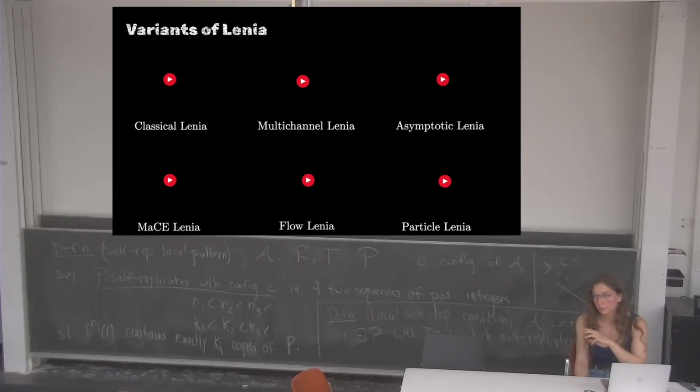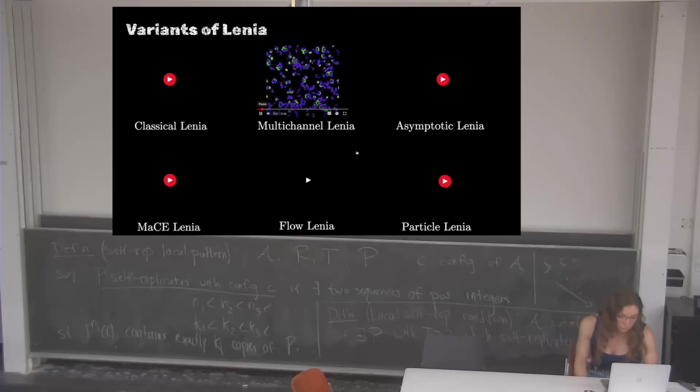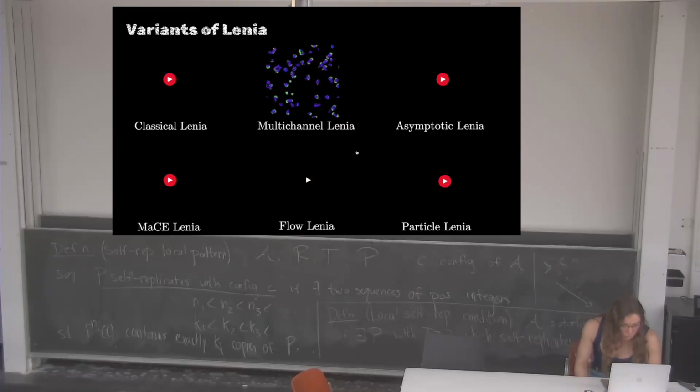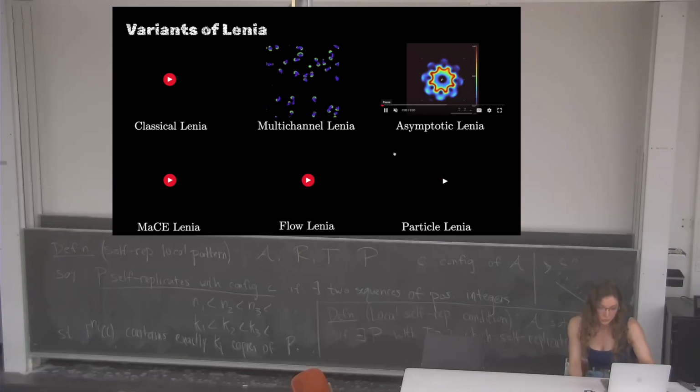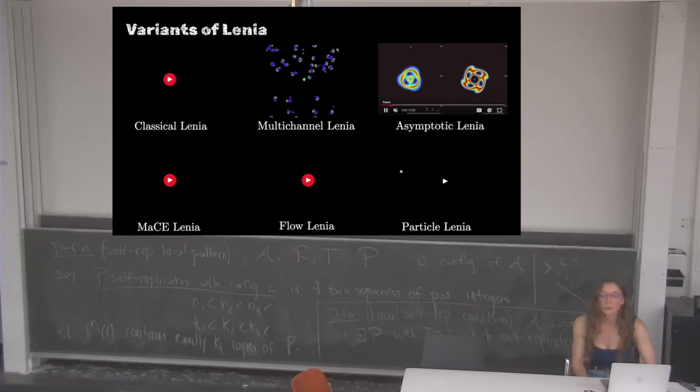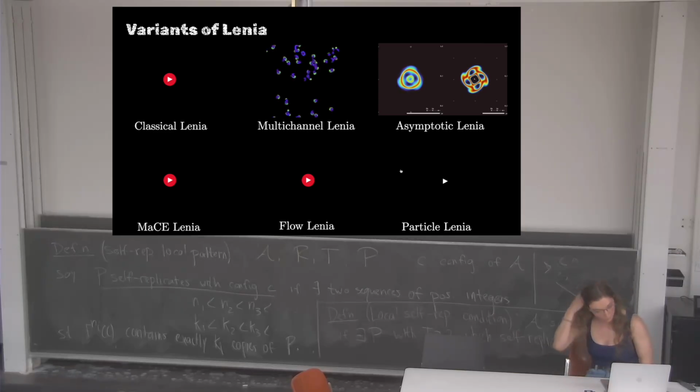You will have to have more kernels, for instance, 9, to guide the behavior of such a richer state space. But this leads to colorful Lenya pictures, which are even more beautiful. And it's also interesting to look at visualizations of asymptotic Lenya, which is generally smoother in time.